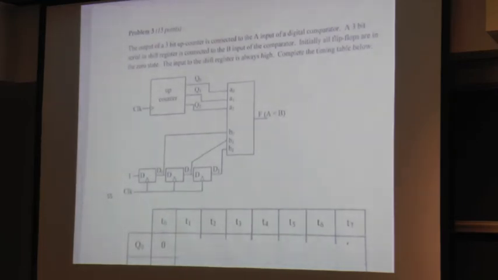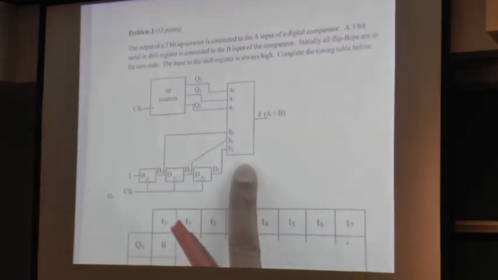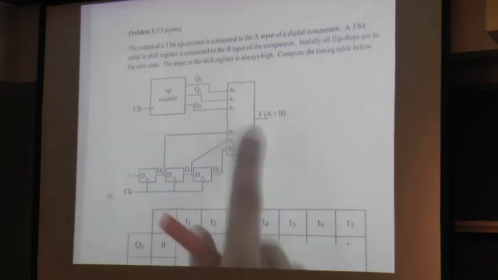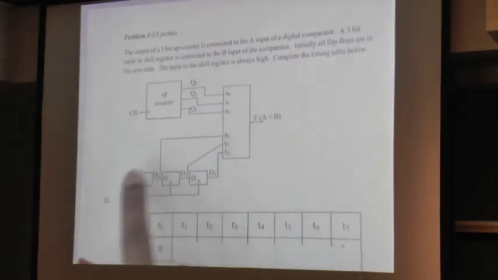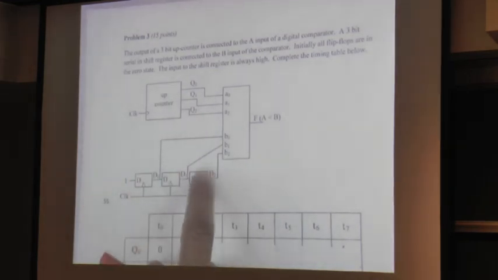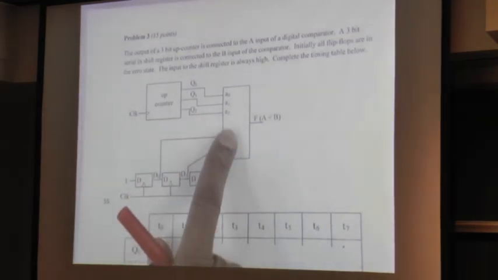Okay, so this is a good question because it hits a lot of the components that we were interested in. It's got a counter, it's got a comparator right here, and it's got a bunch of D flip-flops. So the question asks: the output of a 3-bit up counter is connected to the A input of the digital comparator, and then you've got a 3-bit serial-in shift register connected to the B input of the comparator.